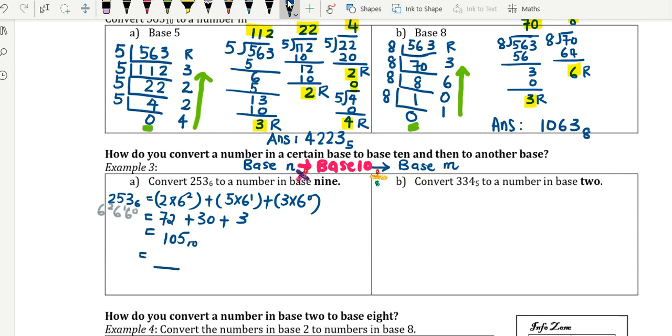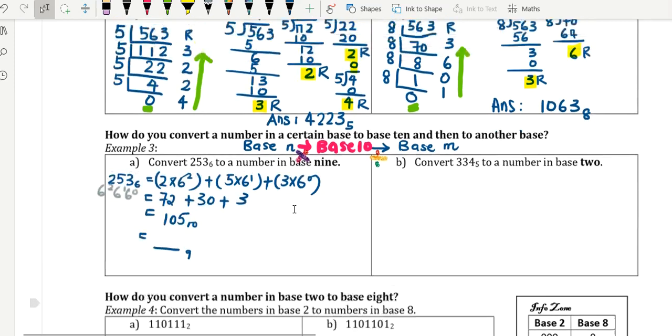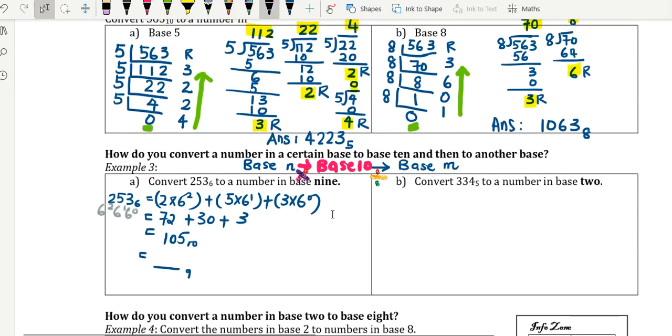Okay, this value is in base 10. Then you have to convert it to base 9. From base 10 to base 9, you do division, repeated division. So I use another color. 105 divided by what number?